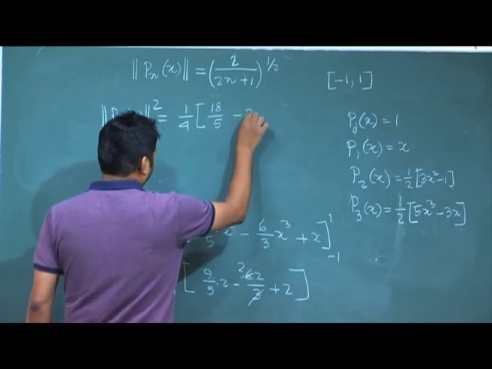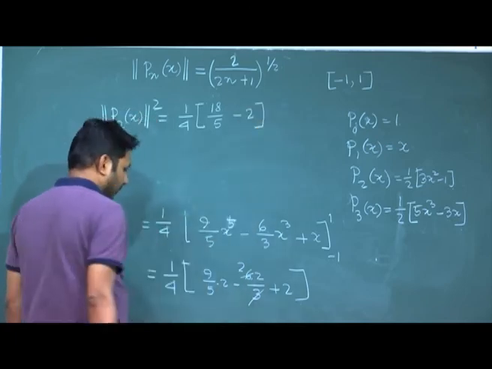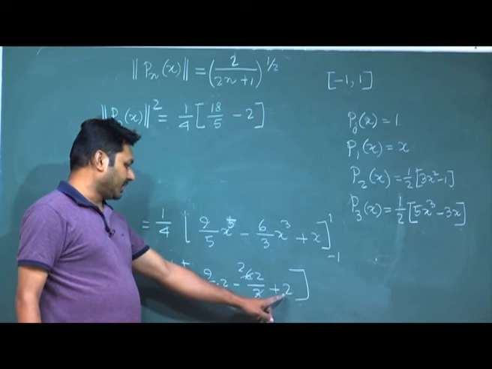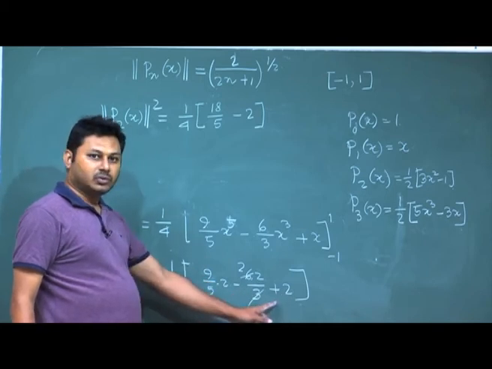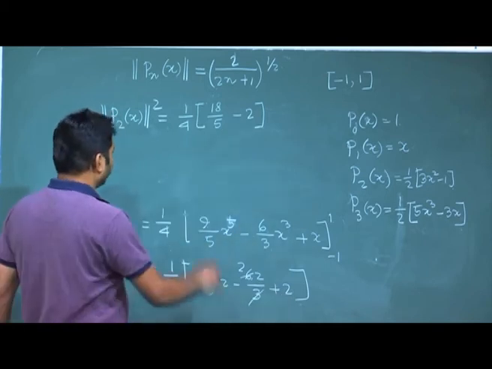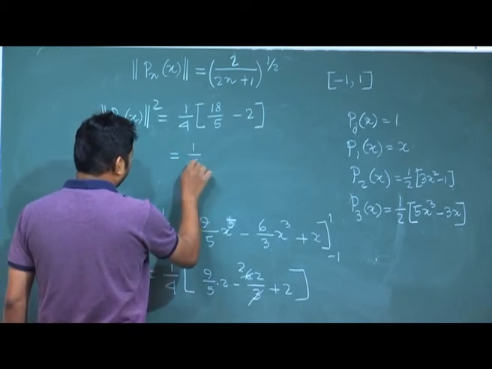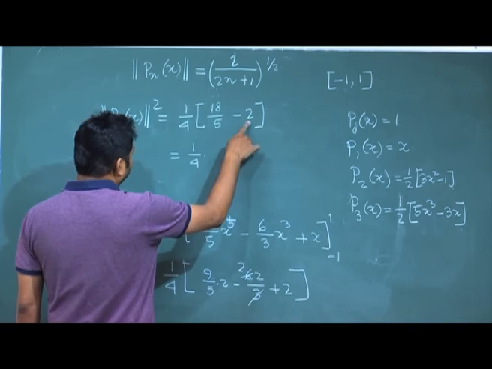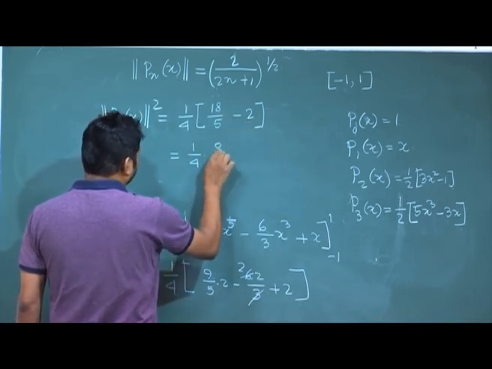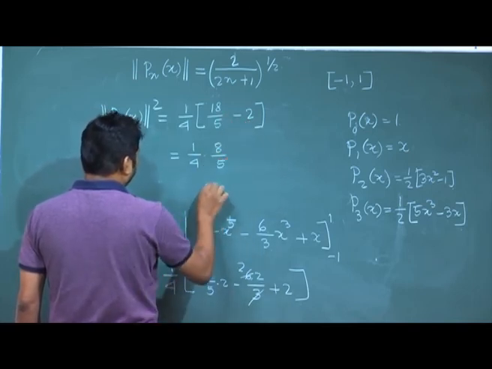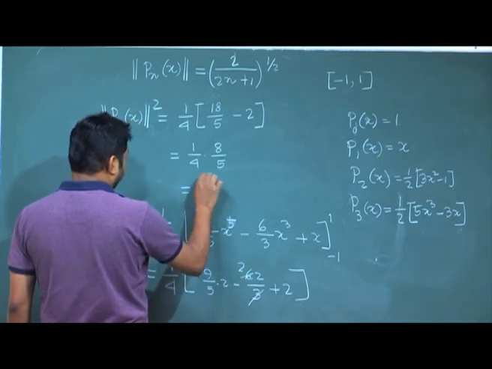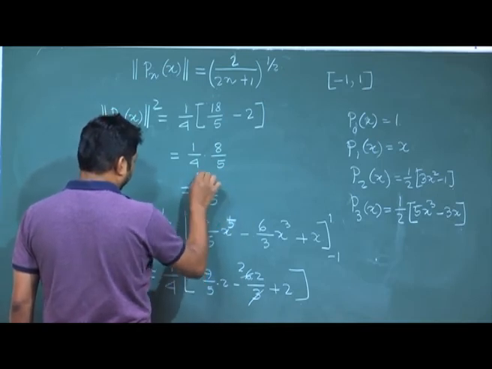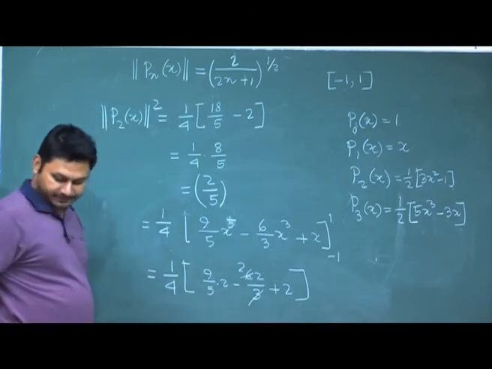So, this is minus 4 plus 2, I will have minus 2. So, now I will have 1 by 4 into, 5 into 2 is 10, so 8 divided by 5, and it will be nothing but 2 divided by 5. This value finally I am getting.